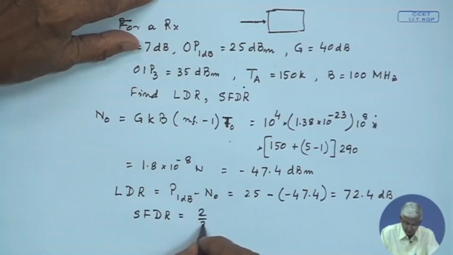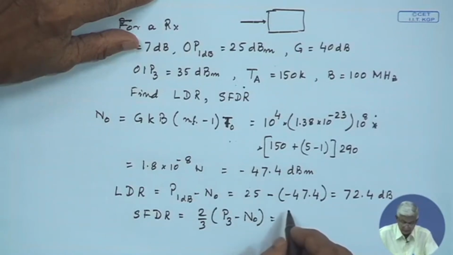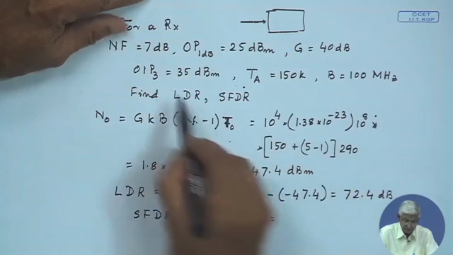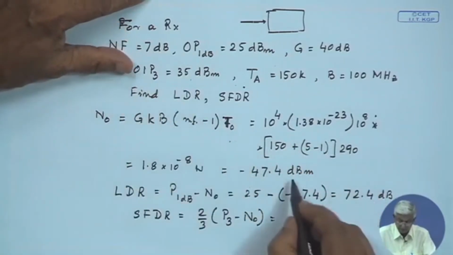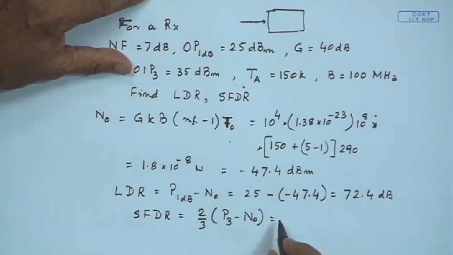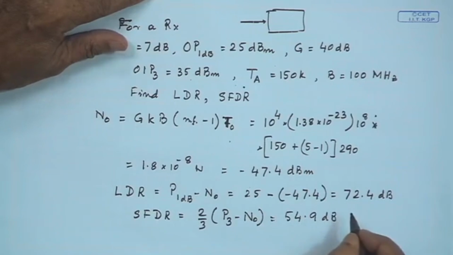The SFDR value is 2/3 of P3 minus N0. You have the P3 supplied, the OIP3 is 35 dBm, and N0 is already obtained, and 2/3 of that you get in dB as 54.9 dB.